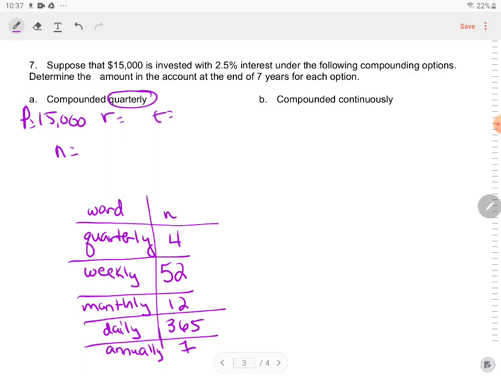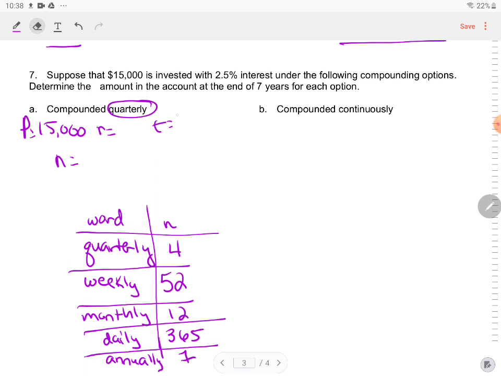R is your rate, 2.5. So that's going to be 0.025 because it's 2.5 divided by 100. And then T over here says 7 years. Now, what's N? Well, what's quarterly? So if I know that quarterly is 4 times, we're going to put a 4 there.